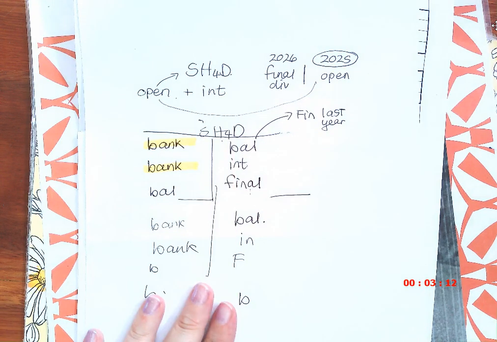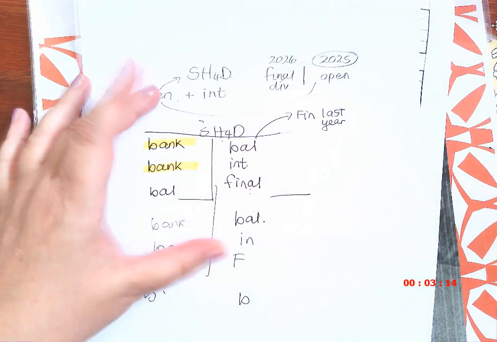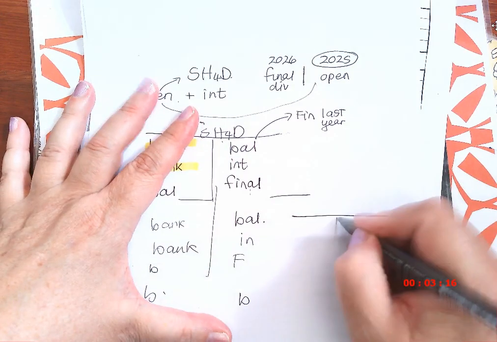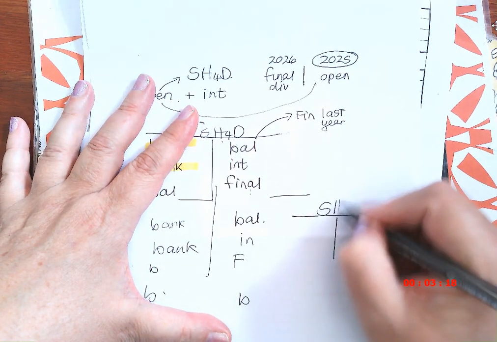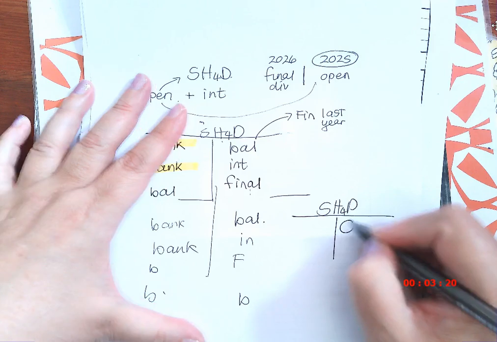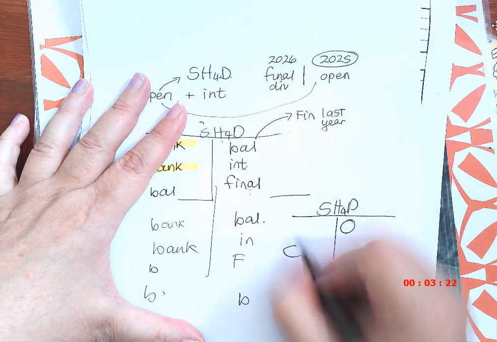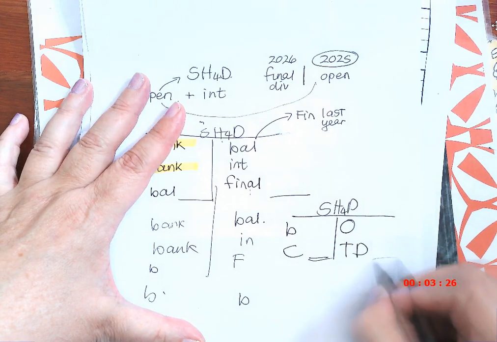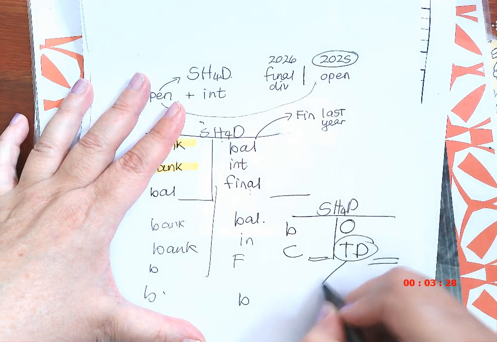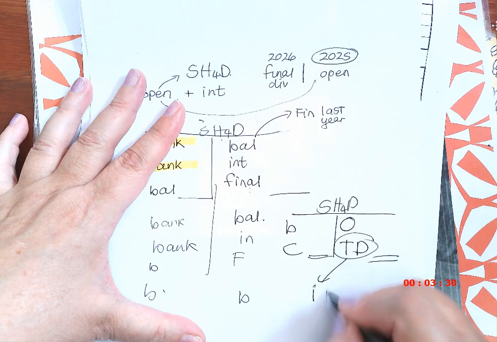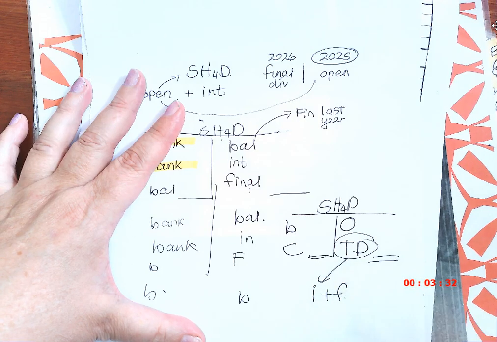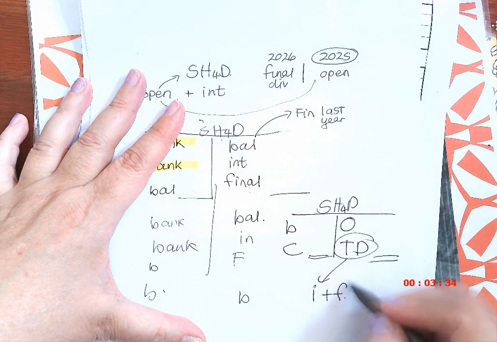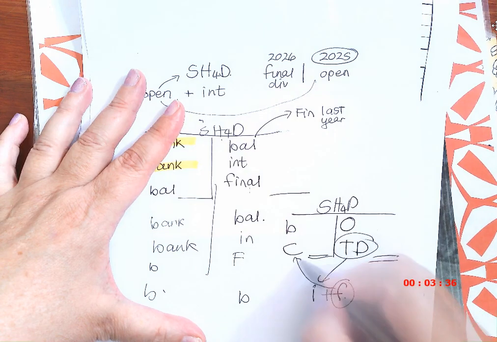The other method, what I can do, is I can say, oh, you know what? Shareholders for dividends has an opening and a closing and a bank and a total dividends. And now what is the total dividends? It's your interim and your final. What is your final again? Oh, it's the closing balance.